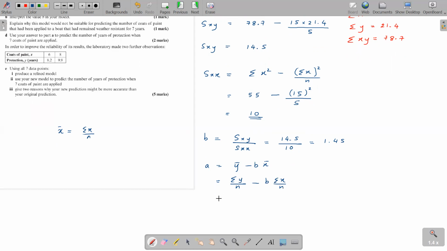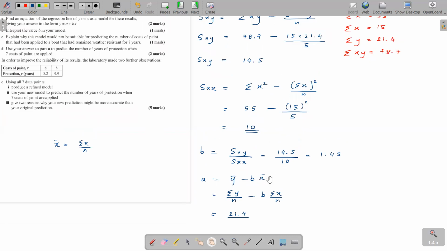All right, guys. So sigma y is 21.4 over n, we have 5 points, right, guys? And for b, we have an exact figure, 1.45. Okay, so in an event where this was not an exact figure, I would go for the fractional figure or the full value.